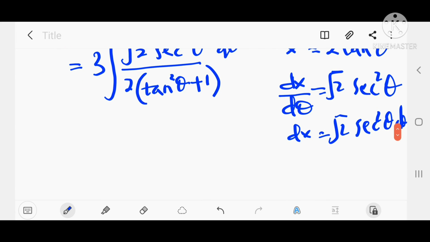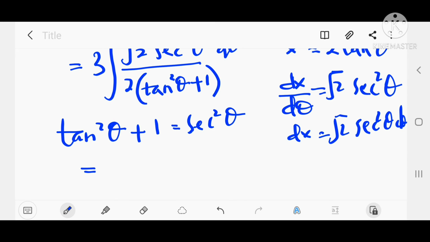But remember from the trig identity that tan square theta plus 1 equals sec square theta.